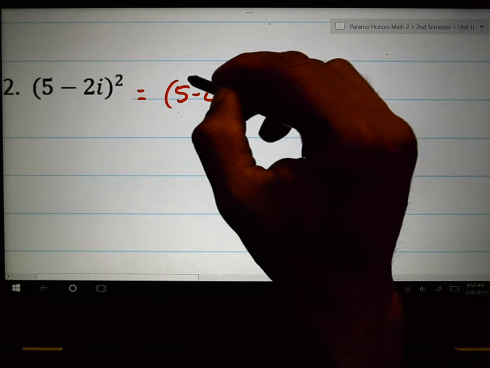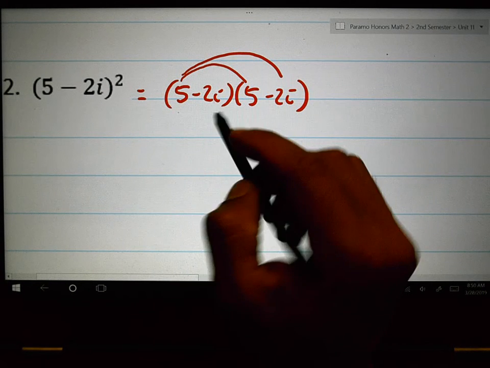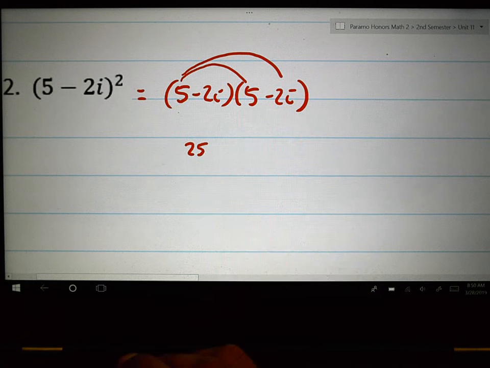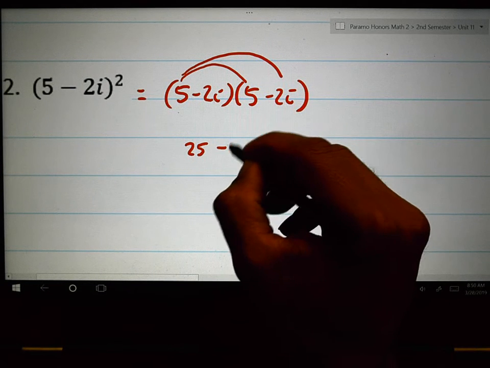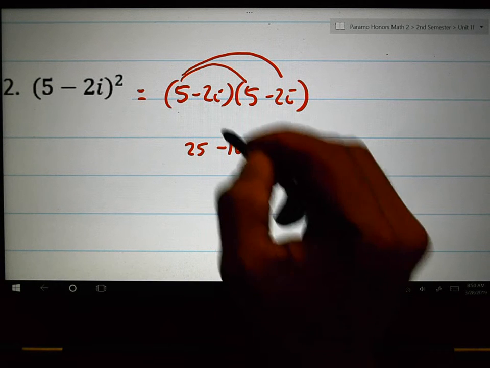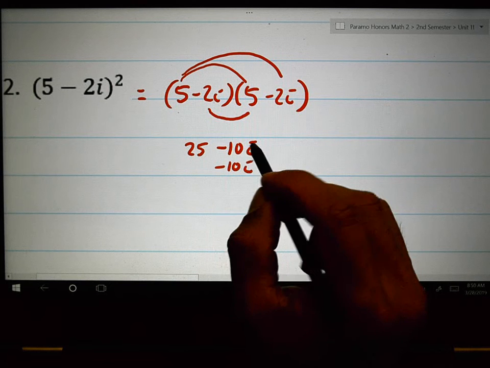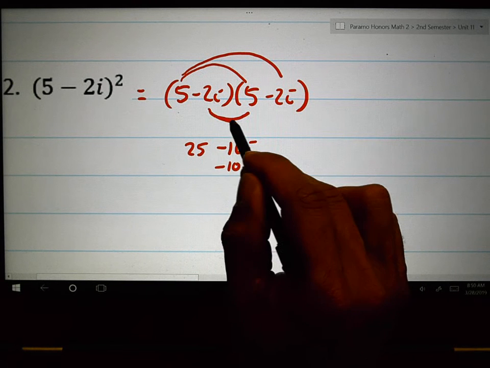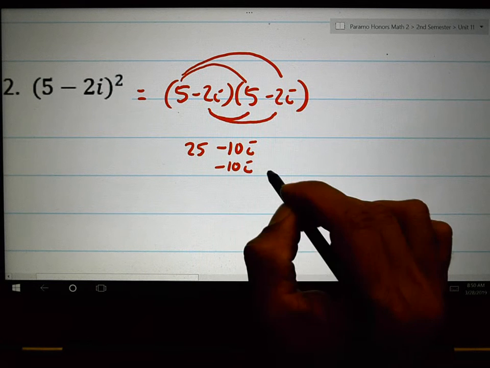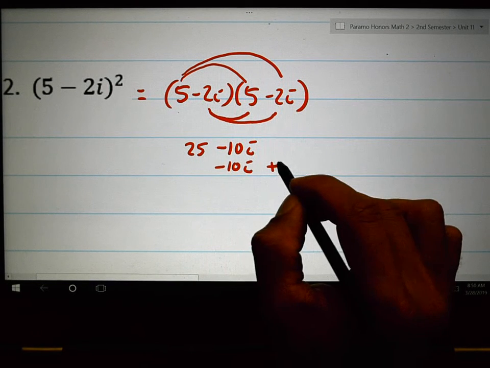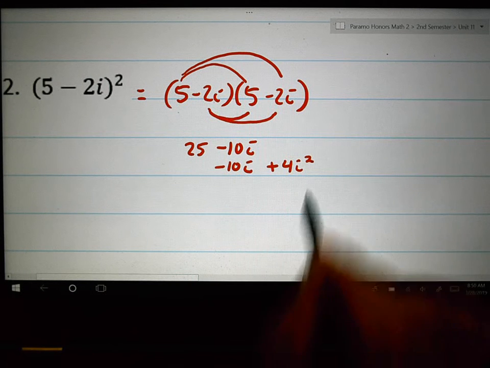Foiling is nothing new. 5 times 5 is 25. 5 times negative 2i is negative 10i. Then inside times inside, negative 10i again. And then the last times the last is a negative times a negative, which is a positive. 2 times 2 is 4. I times I is i squared. Something's going to happen with that.